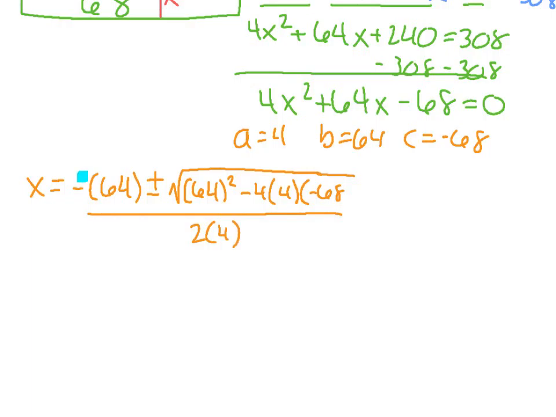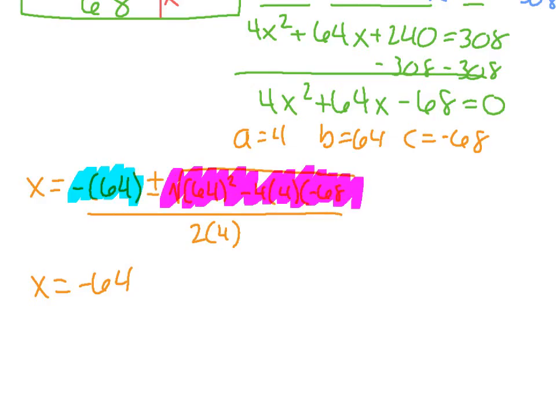So now I'm going to start simplifying. This part is going to be x equals negative 64. If I put everything in the square root in my calculator, I'm going to get plus or minus 72. And then the bottom part is going to be equal to 8. Now I need to have the positive and the negative.